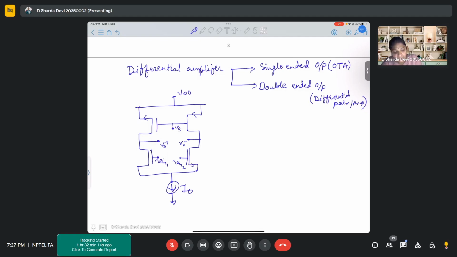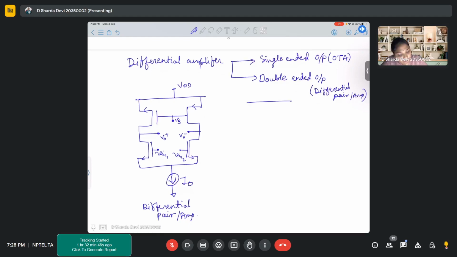V1 and V2, and there are two outputs, V0 plus and V0 minus, right? So the input that is going to the circuit is V1 minus V2, and the output that you will get out of this circuit is V0 plus minus V0 minus. Correct? So this is a differential pair or differential amplifier. Now, how will your single-ended output circuit look like?